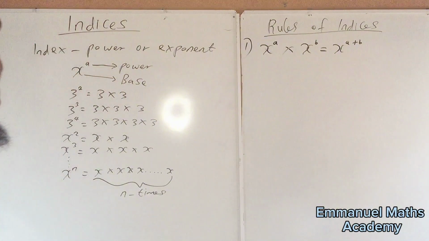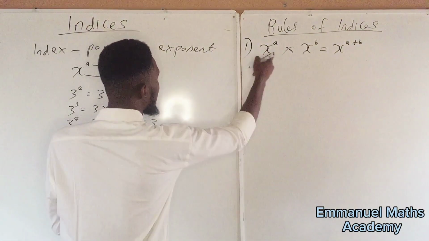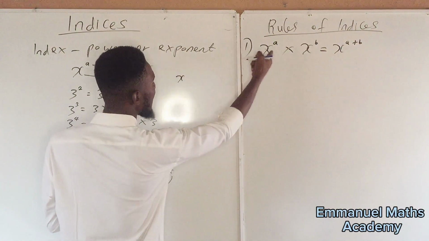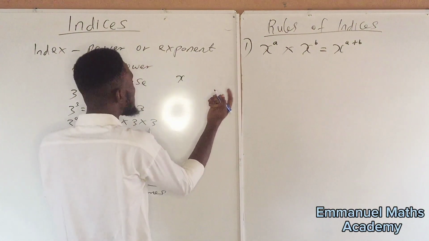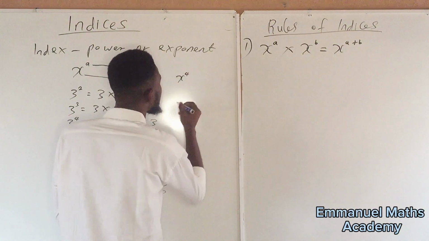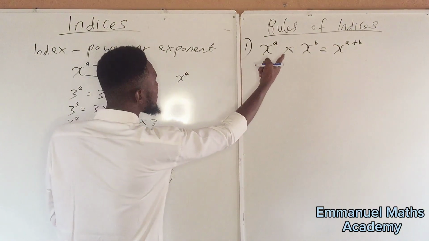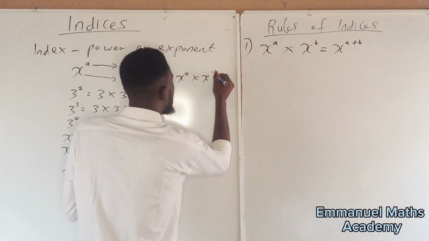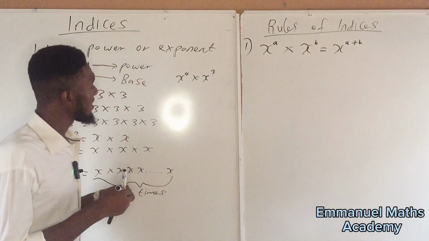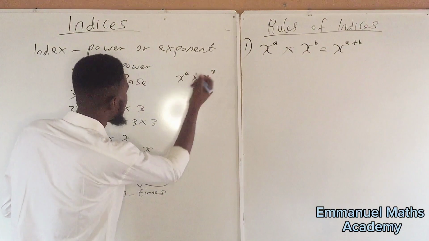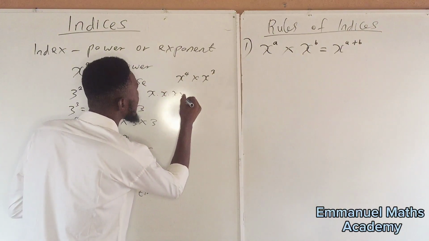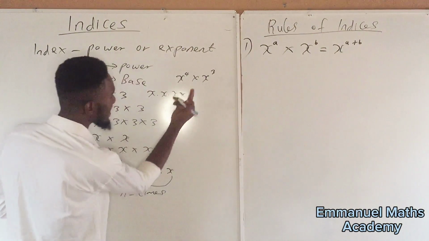Is that okay? Because you will notice that if you are given x raised to, let's assume that a is maybe 4, and b is maybe 3. This simply means x raised to power 4 simply means x times x times x times x, right?